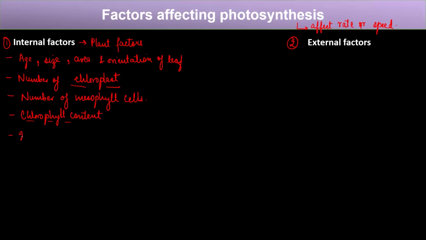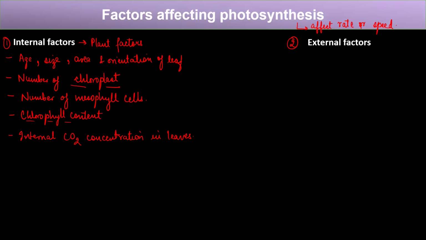Then internal carbon dioxide concentration that is present in the leaf. It does not matter how much carbon dioxide is present outside, but it should reach inside the cells in the leaves.